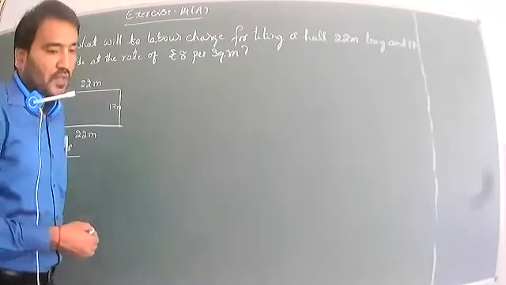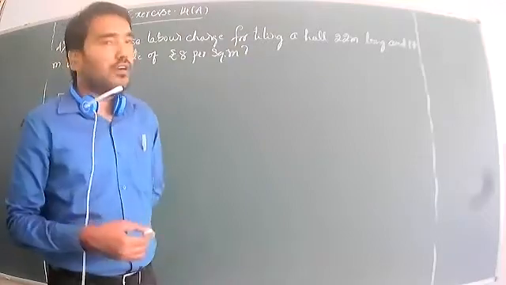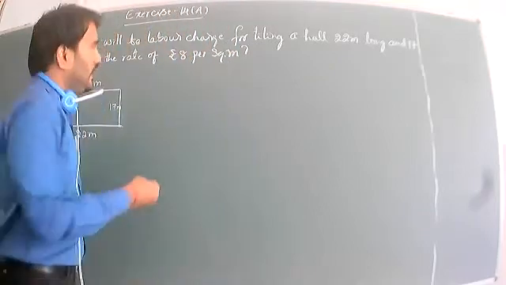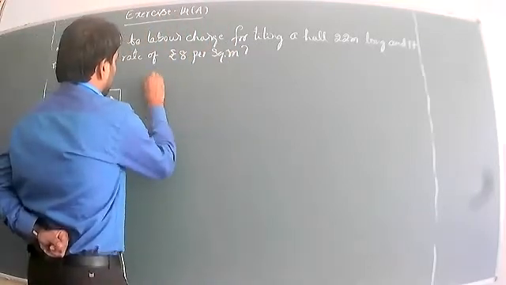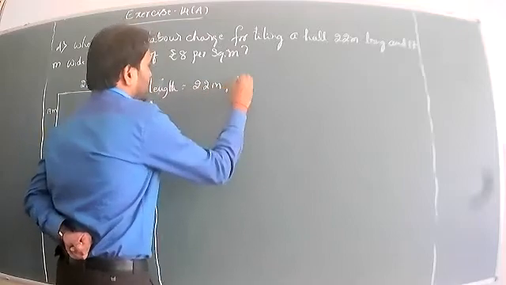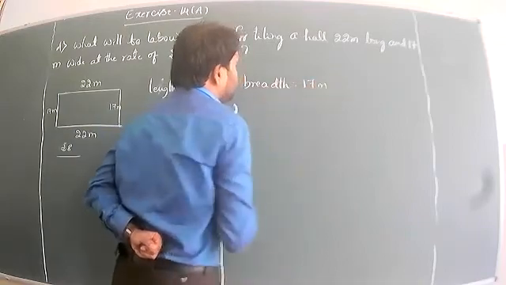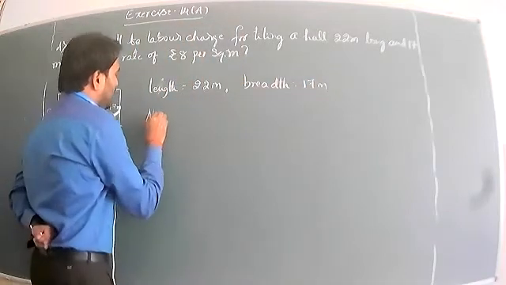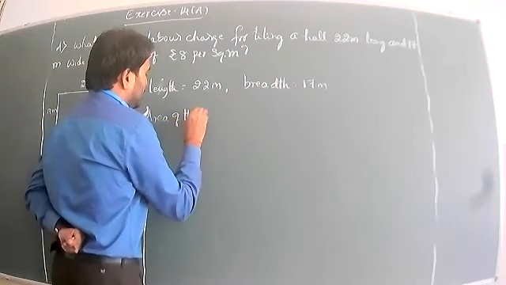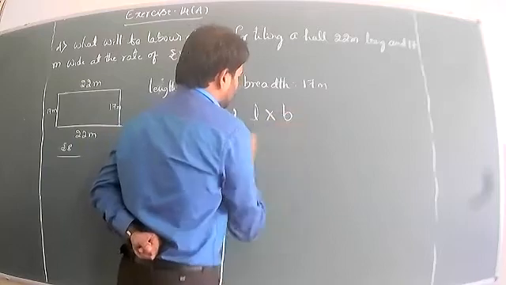Using the formula, cost of tiling a hall equals area of the hall. Length equals 22 meter. Breadth means wide, 17 meter. Area of the hall is L into B, because it is a rectangle shape.